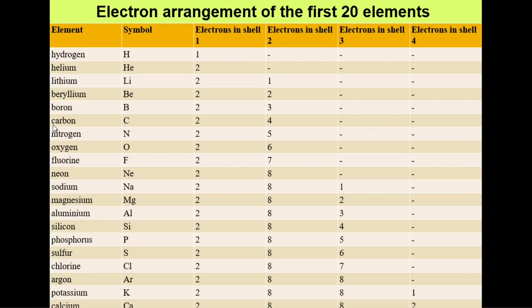If we come all the way down to carbon, we know it has 6 electrons, so it has 2 in the first shell and then 4 in the second. If we come down to sodium that we looked at on the previous diagram, it has 11 electrons, so 2 in the first shell, 8 in the second, and then 1 in the third. So you can use that table as a nice, easy way of looking at the electron distribution for the first 20 elements.